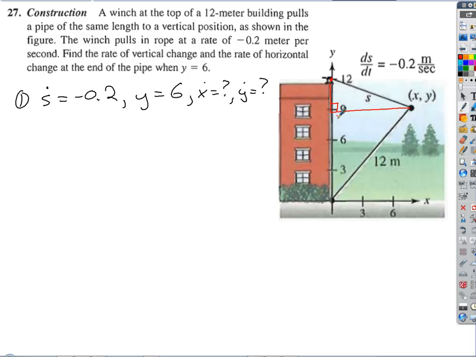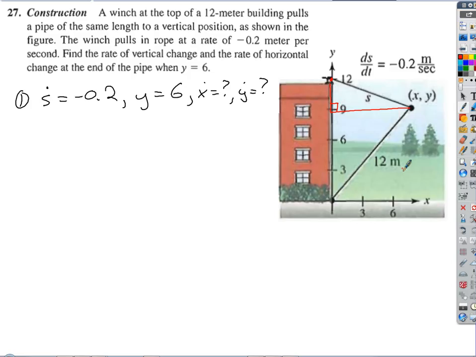What do we know about the sides of that triangle? The variables are X and Y, aren't they? Well, the building is 3?